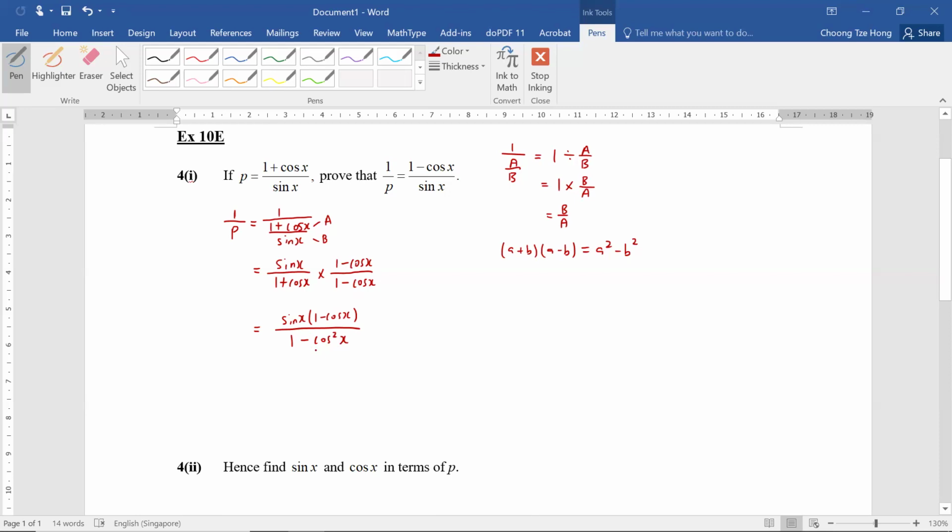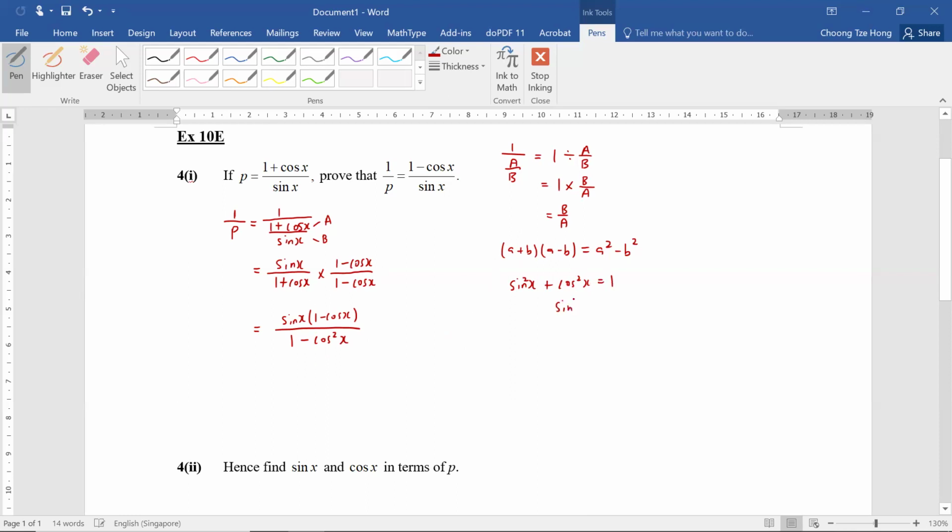Here you can see the reason why we multiply by the conjugate of 1 plus cosine x: we get 1 minus cosine square x, and this allows us to use an identity. The identity is sine square x plus cosine square x equals 1.